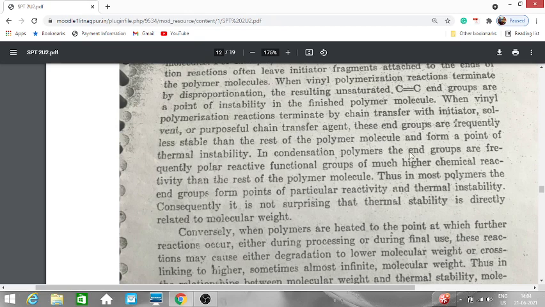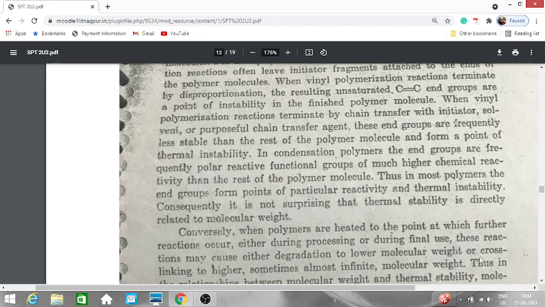In condensation polymers, the end groups are frequently polar reactive functional groups of much higher chemical reactivity than the rest of the polymer molecule. Thus, in most polymers, the end groups form points of particular reactivity and thermal instability. Consequently, it is not surprising that thermal stability is directly related to molecular weight.